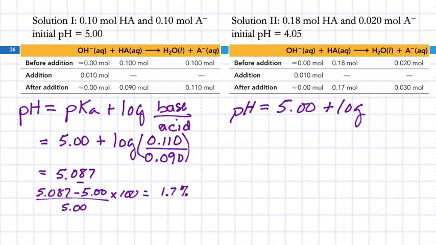Plus the log of the base, which is 0.03, divided by the acid, which gives me 4.247.